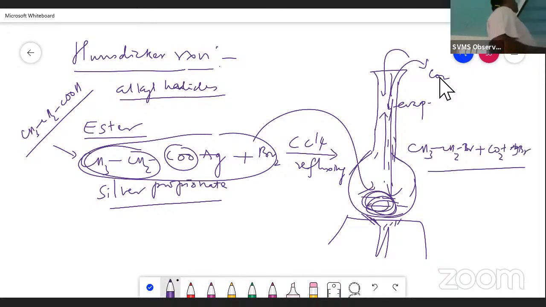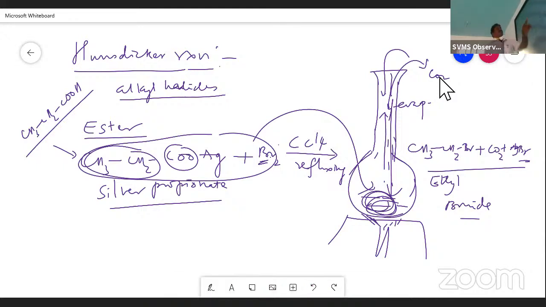These are the reactions. Here two bromines are present. One bromine is formed as ethyl bromide, and the other forms silver bromide. This is the point. The simple method we are using here is refluxing with carbon tetrachloride.